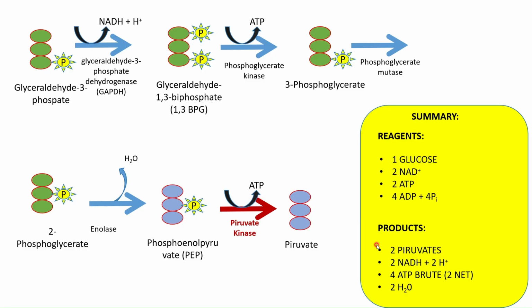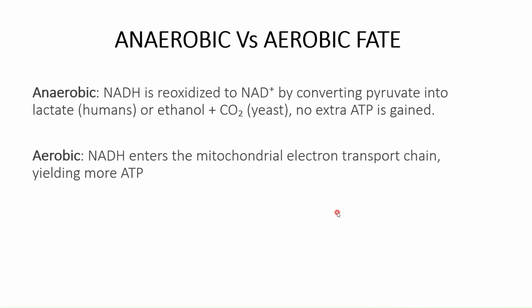In an anaerobic context, this NADH is reoxidized into NAD oxidized, and that is by conversion of pyruvate into lactate in humans, or ethanol plus carbon dioxide in yeasts. In here, no extra ATP is gained.